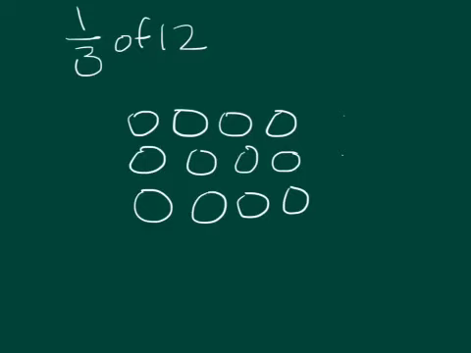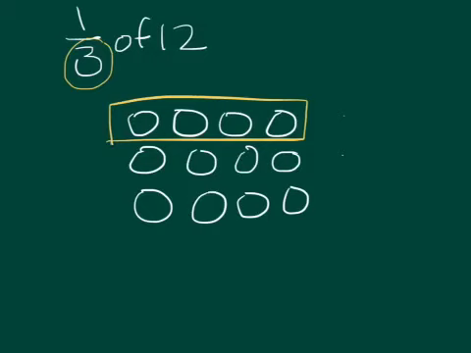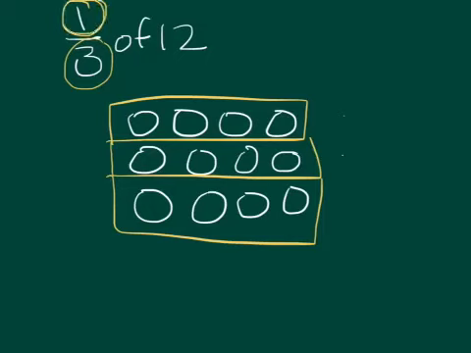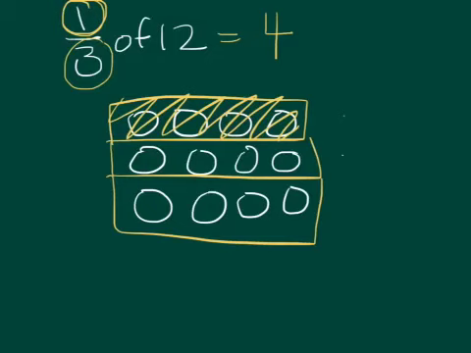Using Cookie's same concept that she explained, we're going to take the denominator 3, and that tells us what to break the 12 into. So how many pieces am I going to break it into? 3. Count with me. 1, 2, 3. And now I have to look at the numerator, and that tells me that I need 1 of the 3 pieces. So I'm going to go ahead and color in 1 of the 3 pieces. And how many cookies are included in that 1 piece? 4. So 1/3 of 12 is 4.